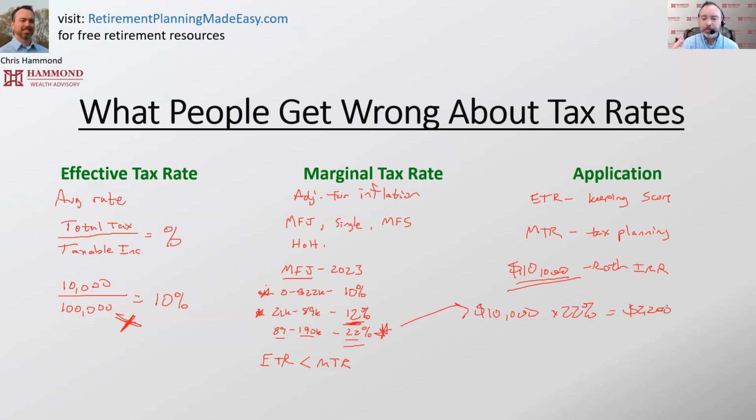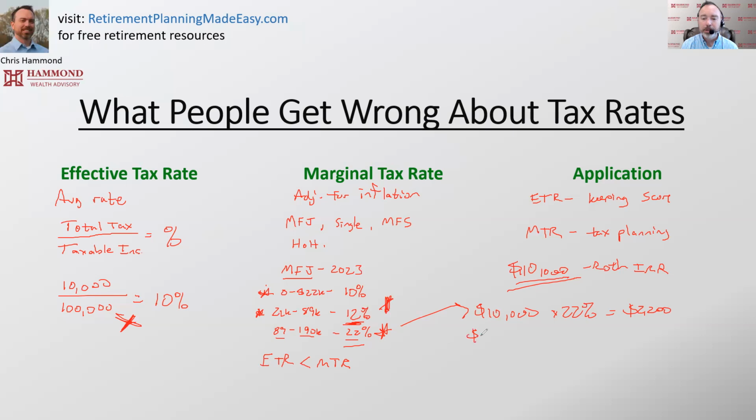And that's where, if you understand this information, you can then say, is it worth it to me to pay $2,200 to forever have the tax paid and put it into the Roth IRA and let it all grow tax-free at that point? Or is it better to just let it sit in the traditional IRA and not pay this money? You may be in a situation where you say, you know what, next year my income's going to be a lot lower and I'm actually going to fall well within this 12% bracket.